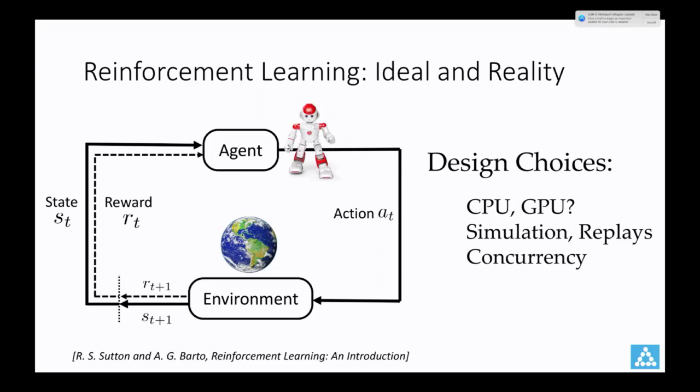designing a practical reinforcement learning system is way beyond a simple for loop. There are a few design choices that have to be made correctly in order to make the entire system work well. The first choice is between different kinds of computation architectures. For example, whether we should use CPUs or GPUs or maybe alternative architectures.